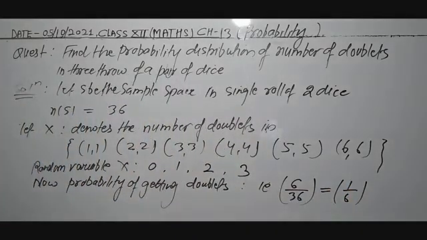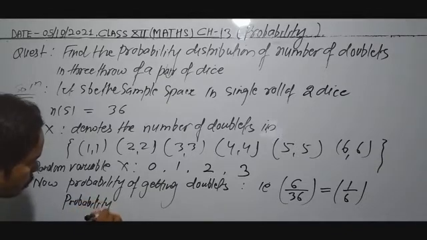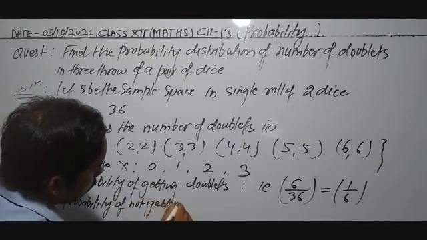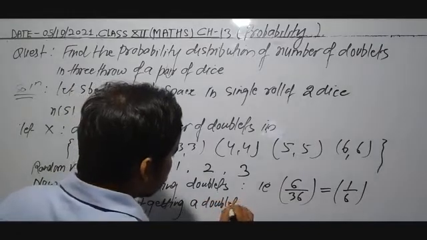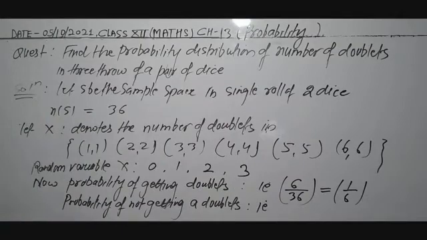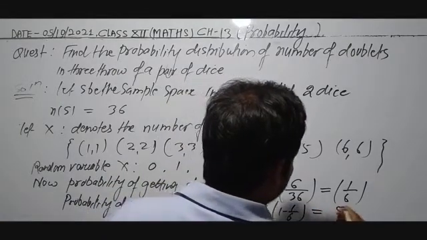And the probability of not getting a doublet is 1 minus 1 by 6, which is 5 by 6.